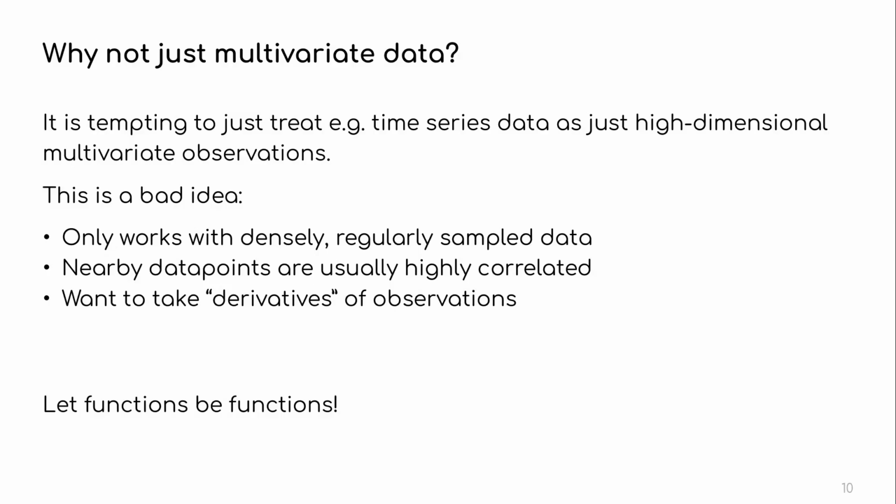So okay, before we actually go into the functional data, it's a good question to ask: why not just use multivariate data? It's just a stream of data, so we could assume this is just a single observation of a really high dimensional multivariate observation. This is not a good idea, and the reason why is that, one, it only really works with densely, regularly sampled data.